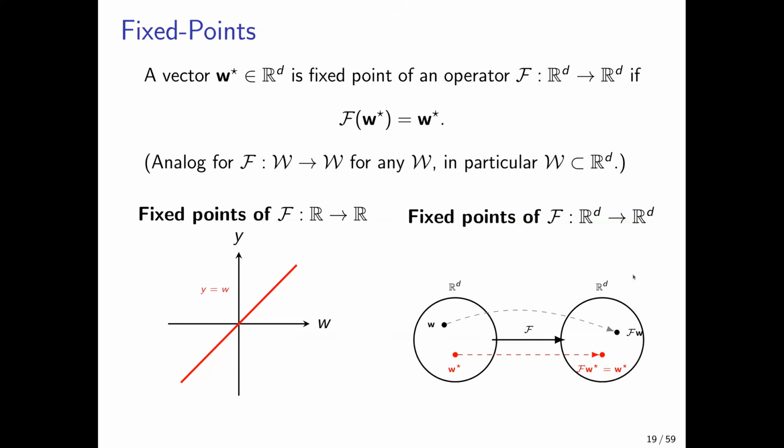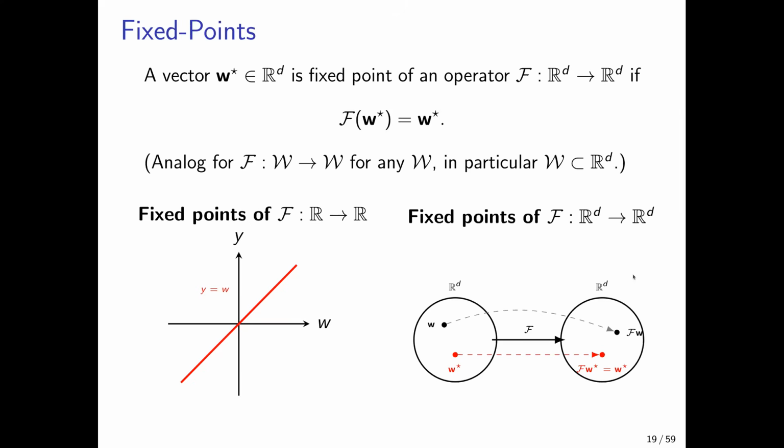And why are contractions so useful? Contractions are very useful because in Banach's fixed point theorem, they can guarantee existence and uniqueness of a fixed point. And this is what we are looking into next. But first of all, let us formally introduce fixed points.